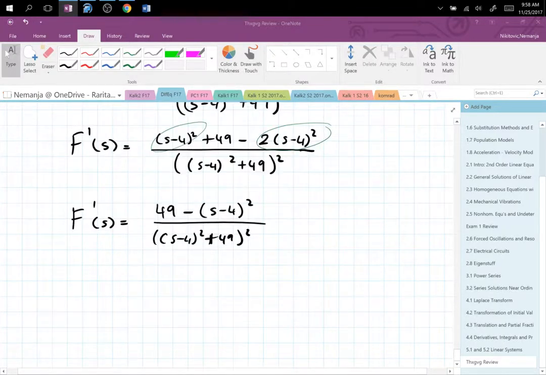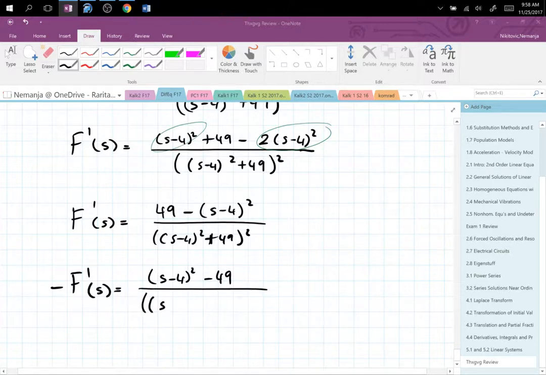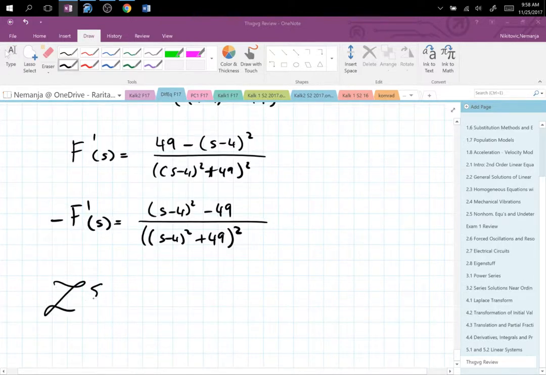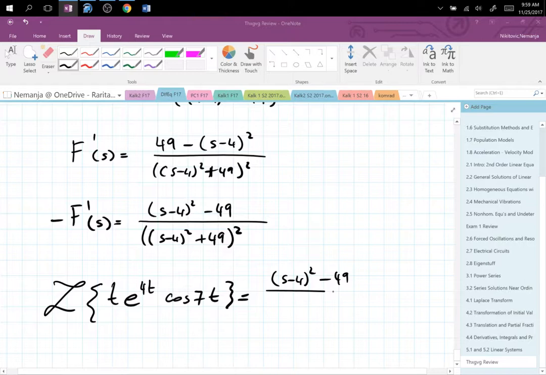So now minus F prime of s, and that will swap the sides, s minus 4 squared minus 49 over s minus 4 squared plus 49 squared. So what is the Laplace transform of t e to the 4t cosine 7t? It's equal to s minus 4 squared minus 49 divided by s minus 4 squared plus 49, everything squared.